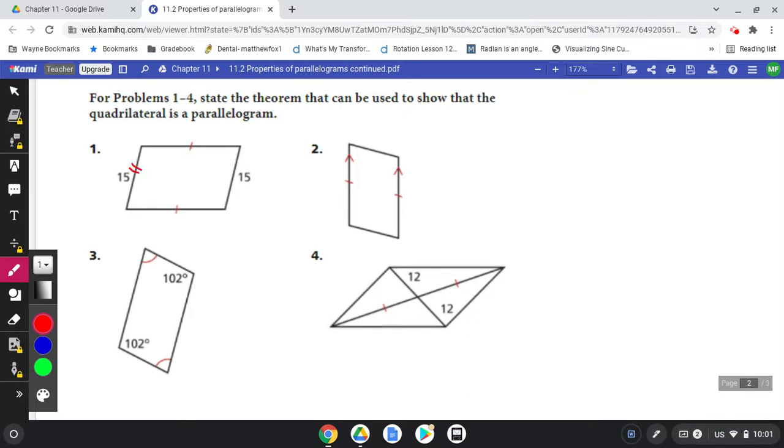If you wanted to, you could add 2 marks to each of these 15s, just saying that they're the same. You don't have to, that's optional. But also, if we have a 15 and 15, we know 15 is always going to equal 15. Okay, so this would be our converse of opposite sides.